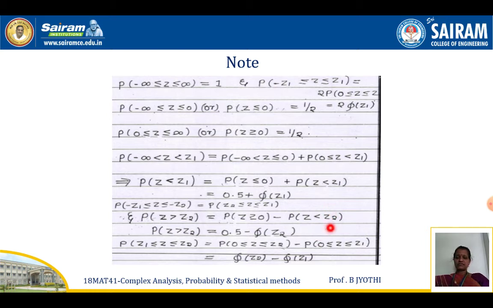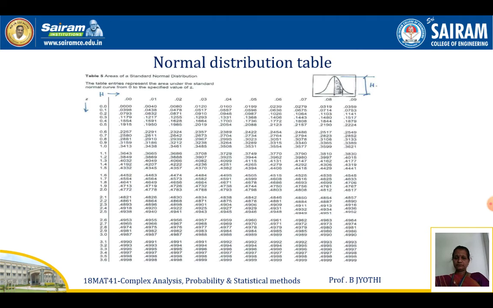If anything is less than z1, we can add 0.5 to this, and if anything is greater than z2, we can subtract from the 0.5. Hope it's clear.